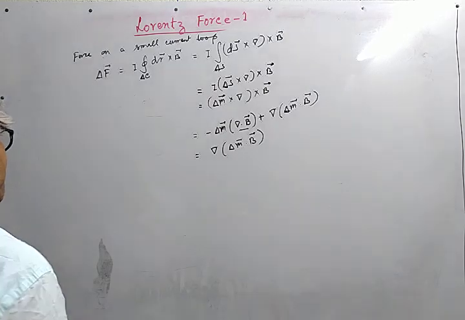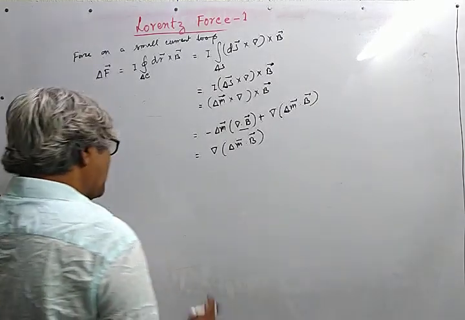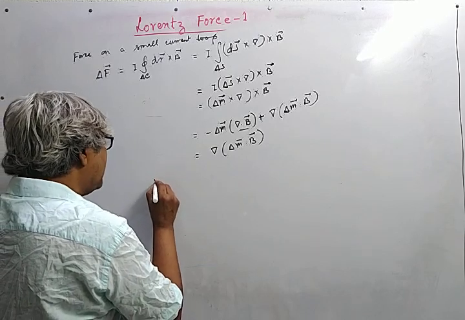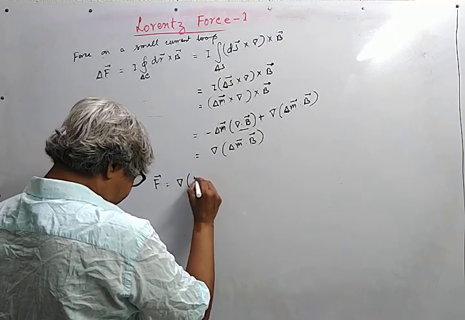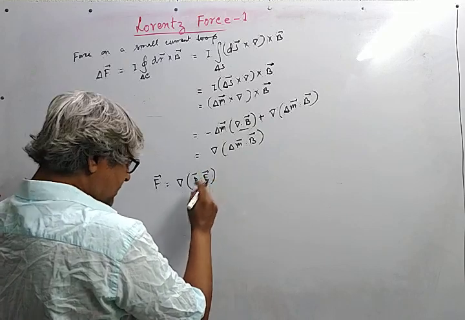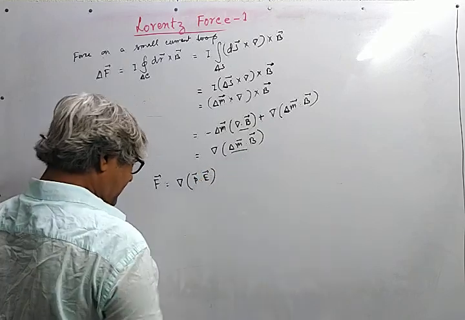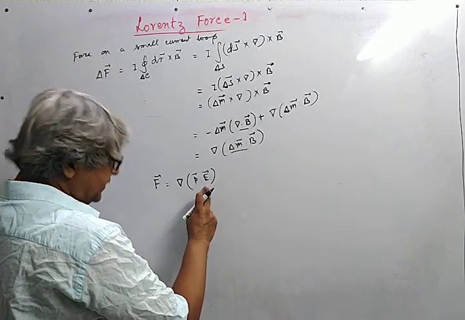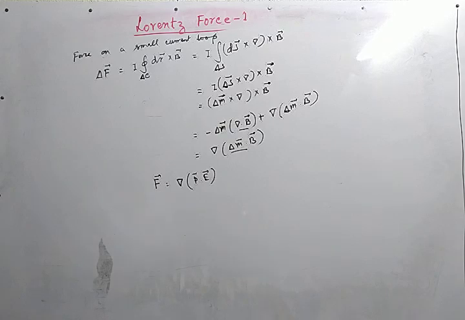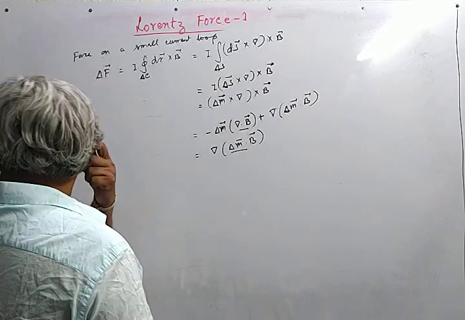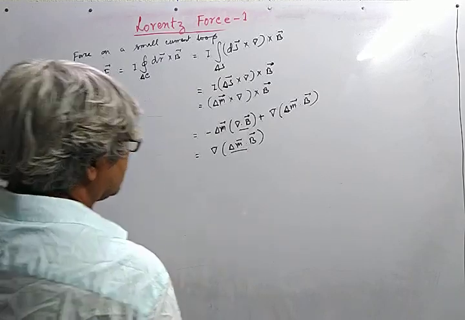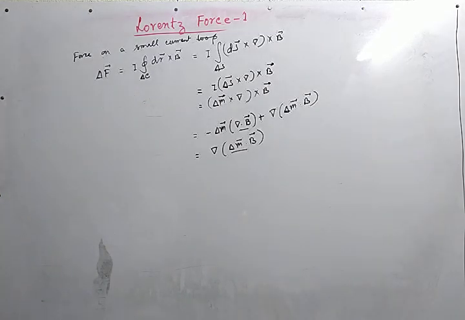You consider that when a dipole of moment P is placed in an electric field, the force that acts on it is nabla of P dot E. The role of P is being played by delta M, the magnetic dipole moment, and the role of E is played by B. So the development of magnetic dipole moment is exactly similar, so far as mathematics is concerned, to the corresponding development in the case of electrostatic dipoles.